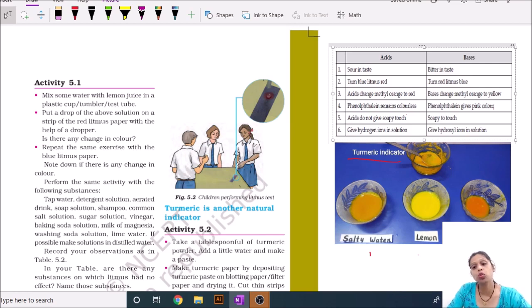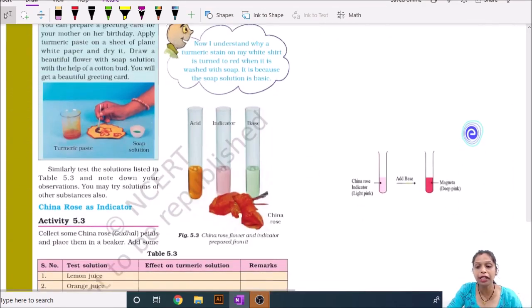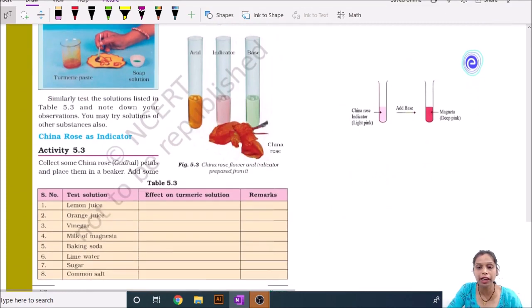Acid does not give a soapy touch, whereas base gives a soapy touch. Then these are the different types of indicators.